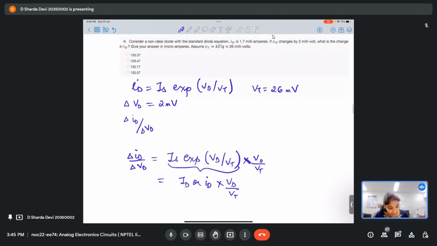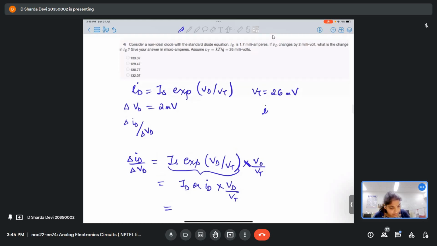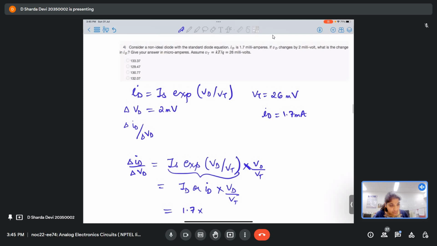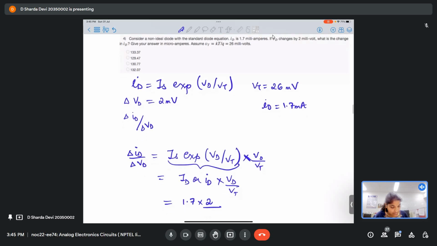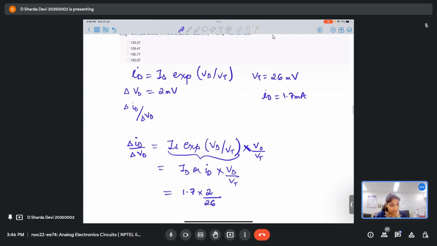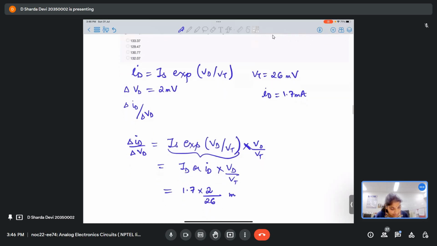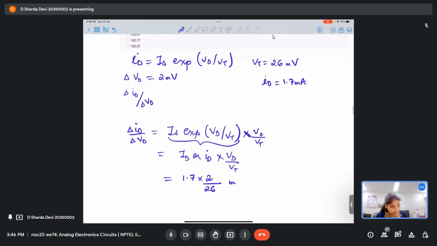Here ID has already been given as 1.7 milliamps. So this will be 1.7 into how much was the Vd change? It was 2, and what is Vt? It is 26 milli. Both are in milli, so we can write it simply as 26. Let's solve this.